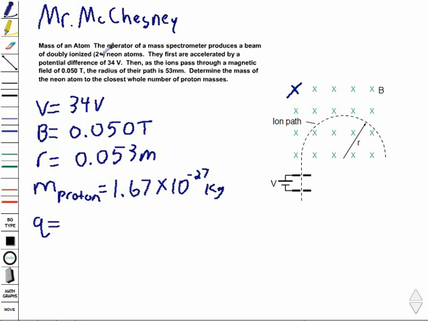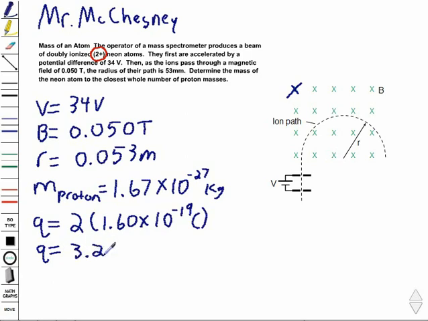Since it's doubly ionized, or 2 plus, we take the charge and multiply by 2. The charge is 1.60 times 10 to the negative 19th coulombs, which gives us a charge of 3.20 times 10 to the negative 19th coulombs. So now that's everything we know.